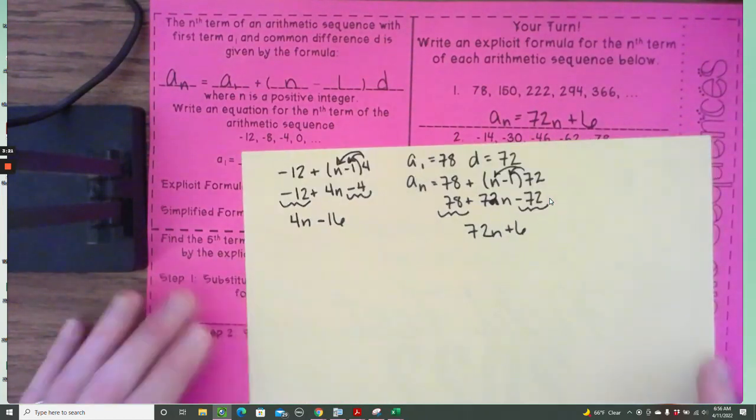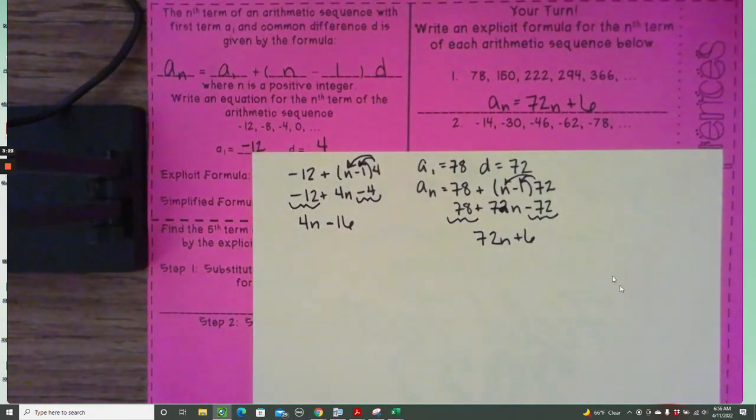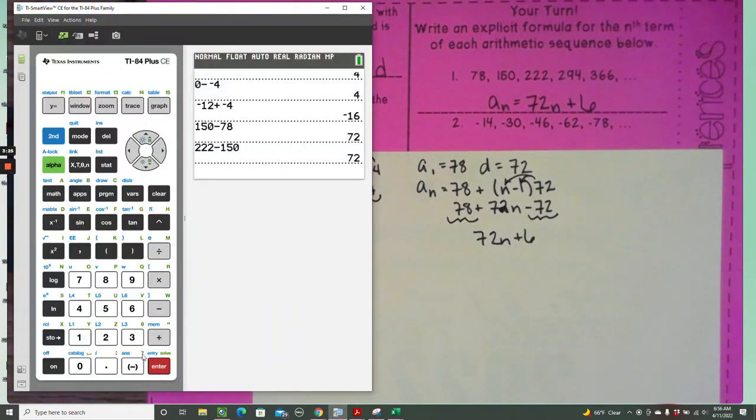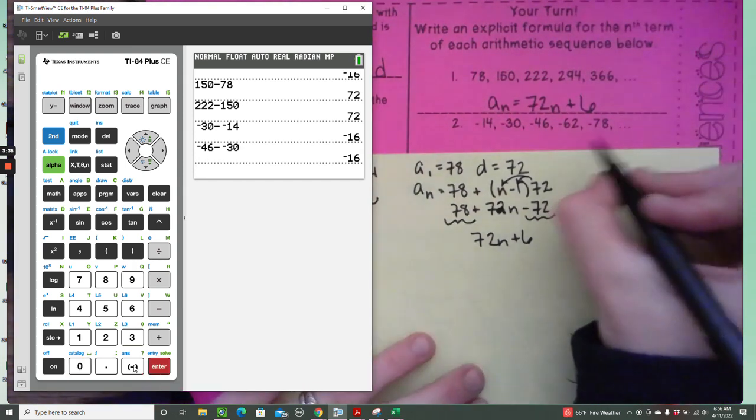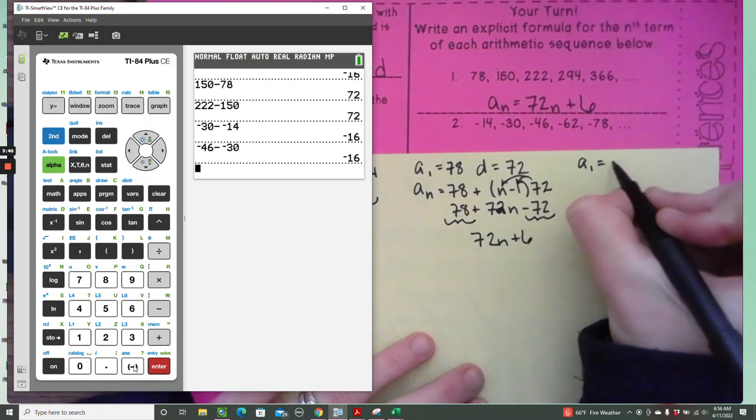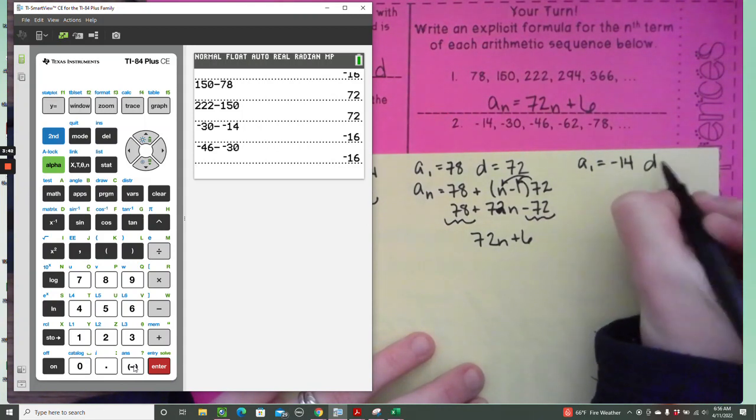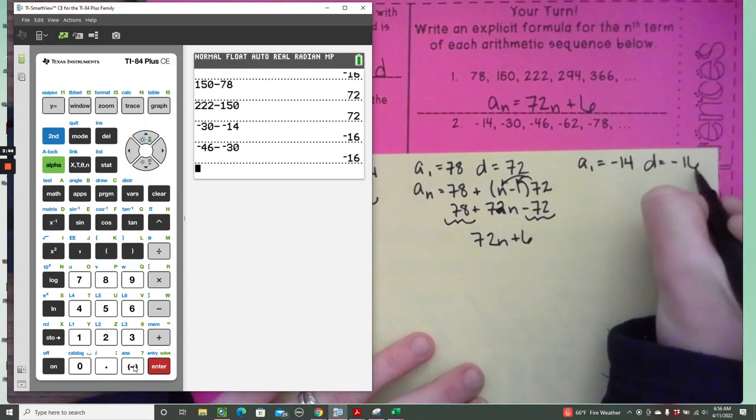Okay, so now the next one. Negative 30 minus negative 14 gives me negative 16, and negative 46 minus a negative 30 gives me a negative 16. So a1, that's our first term, is negative 14. Our common difference is negative 16.